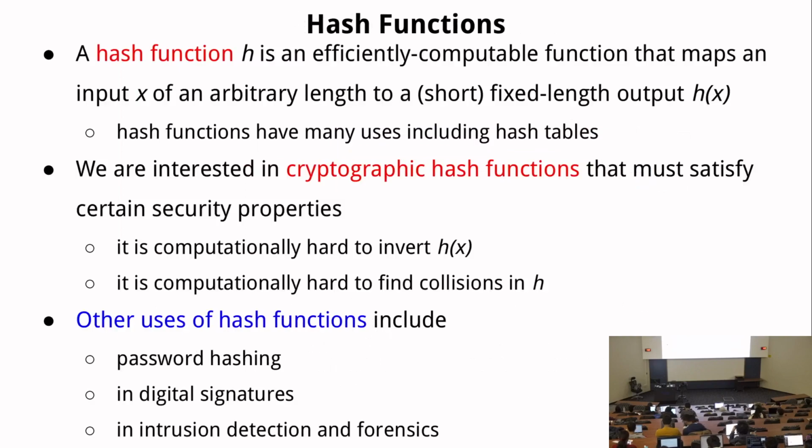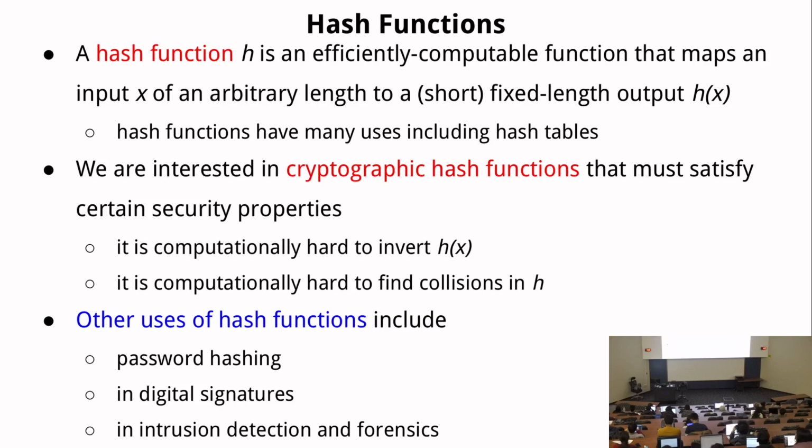So mathematically, a hash function is an efficient function that maps an input x of arbitrary length to a fixed length output h(x). We use hash functions in many different things, not necessarily for security. For example, a hash table. If you study algorithm design, you use hash tables. That is also a hash function.